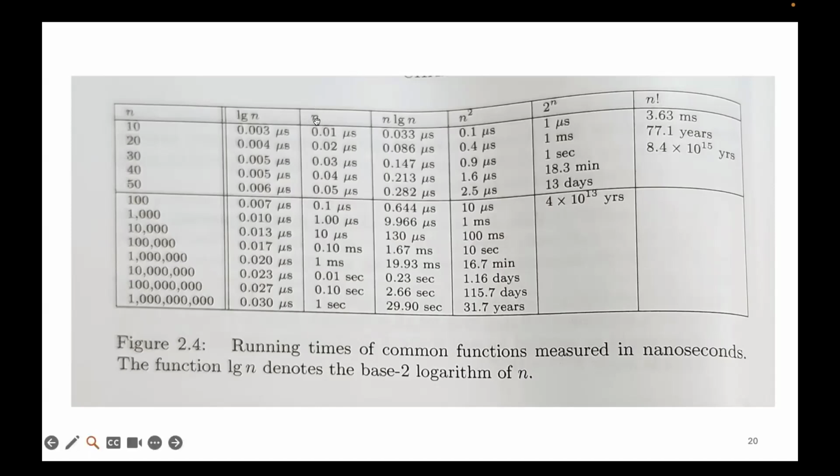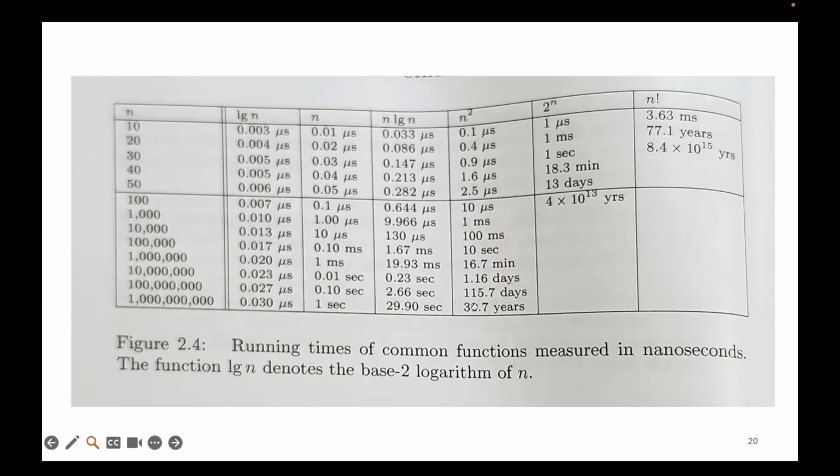For a function that takes n steps, for a billion, it would be 1 second, which is still decent. Fair bit slower than the 0.03 microseconds, but a second's just a second, nothing to sneeze at. And n log n gives us about 30 seconds, still fairly good.